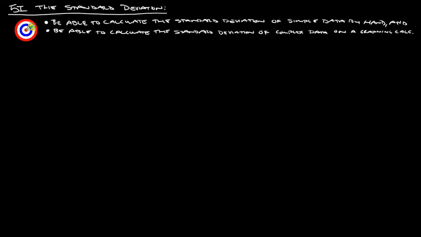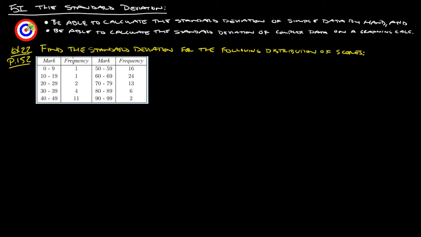Alright, let's try one more with a little bit different type of question, and away we go. We're going to find the standard deviation again. Only thing different here is that instead of actual scores, we have this frequency distribution, right?